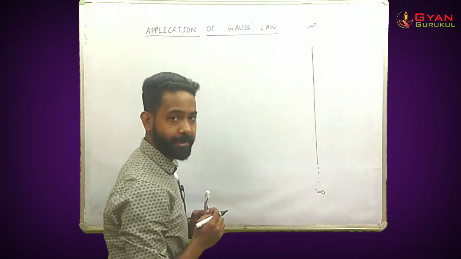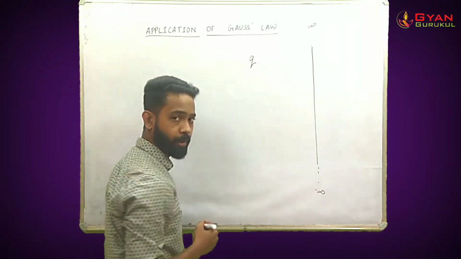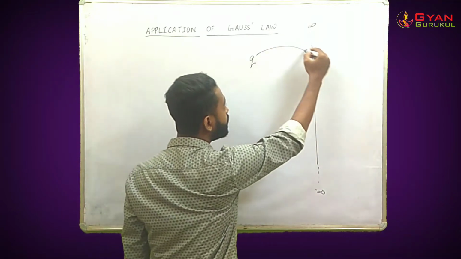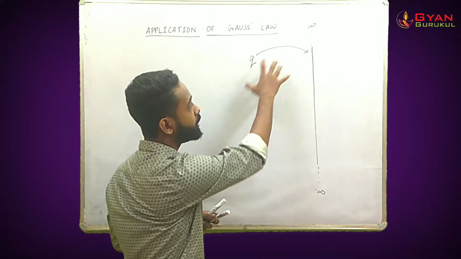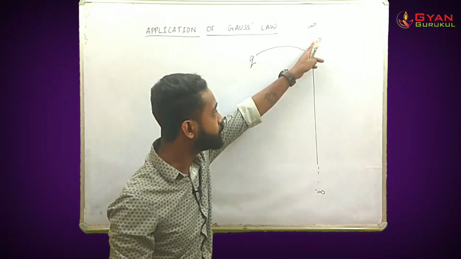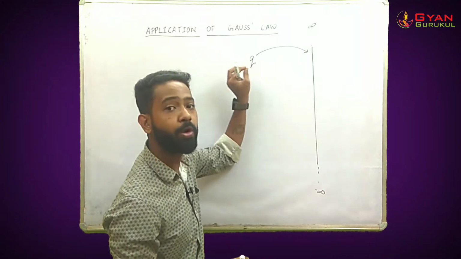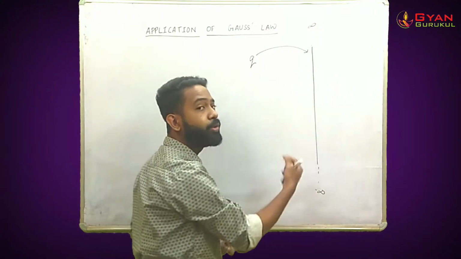This is infinitely long. Now suppose I have some amount of charge Q, and this amount of charge is given to this line. What would happen if I give this amount of charge to this line? The whole strand of hair, or the whole line, is going to get an equal amount of charge. That means the whole line is going to get uniformly charged.